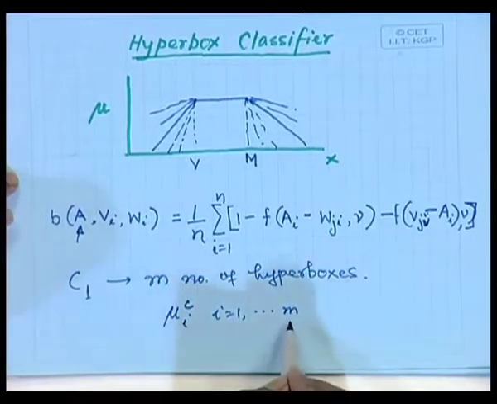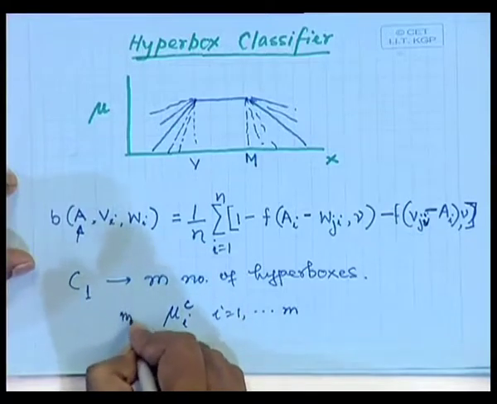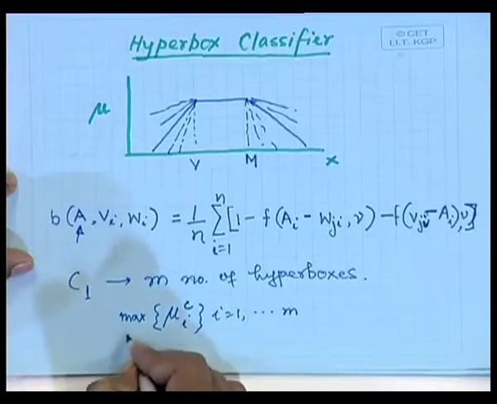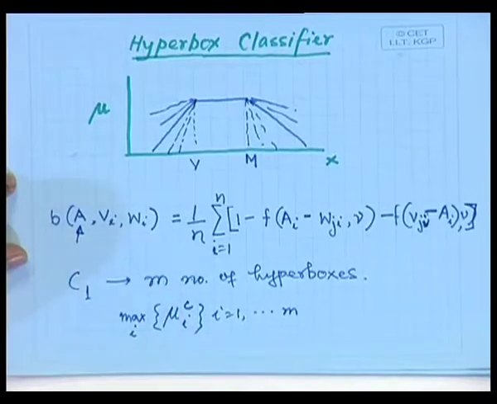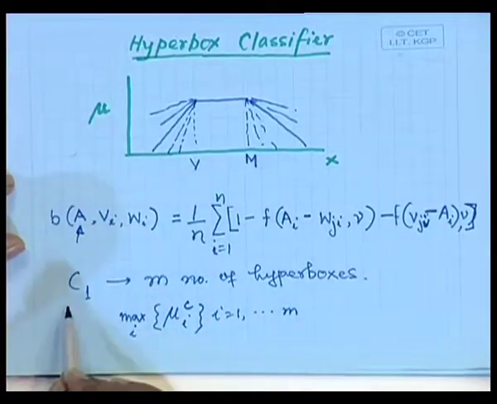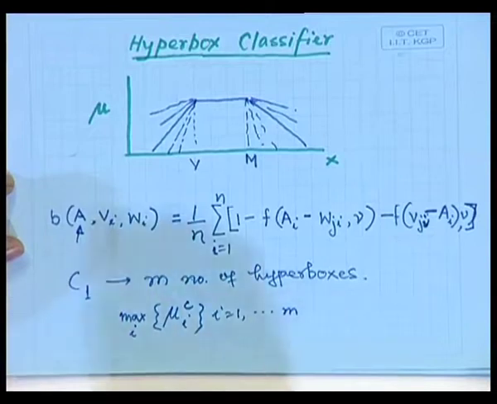So I will have m membership functions like this, and the maximum over i gives me the membership of the hyperbox belonging to class C1 which is nearest to this unknown sample.